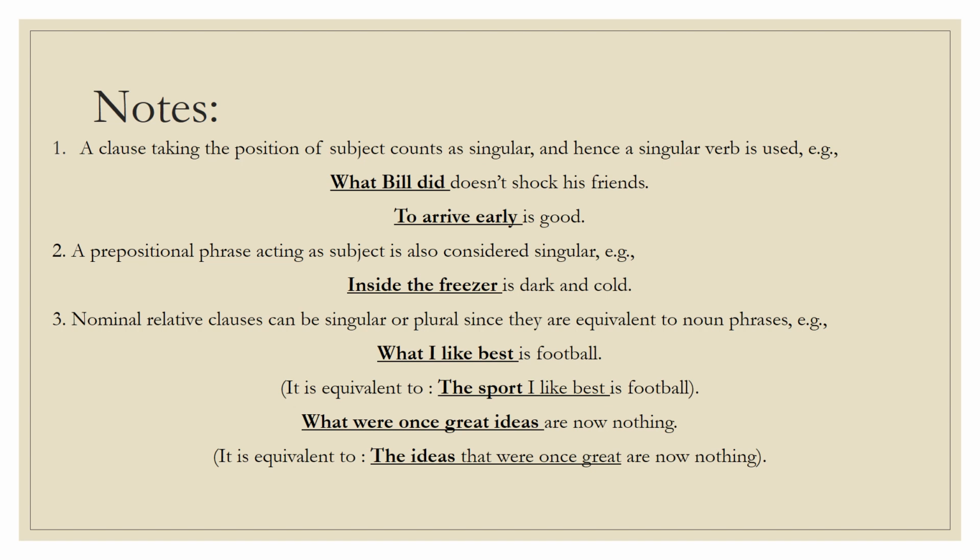Because here I am talking about a specific thing. Which thing is it? It is a sport. I know that football is a sport. So I can use a suitable noun phrase instead of the WH word what. I can say the sport that I like best, or the sport I like best is football.